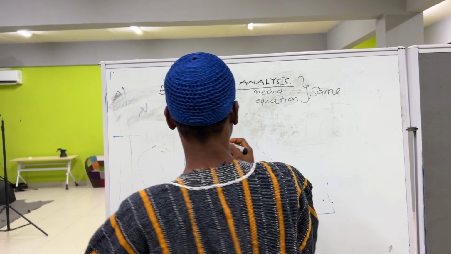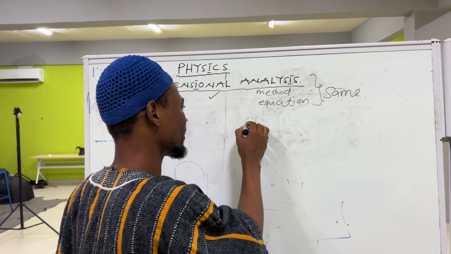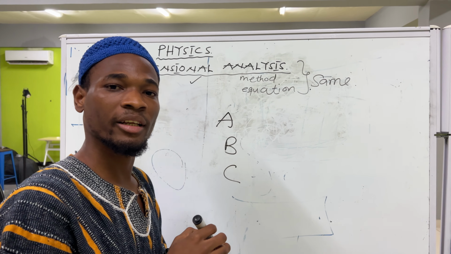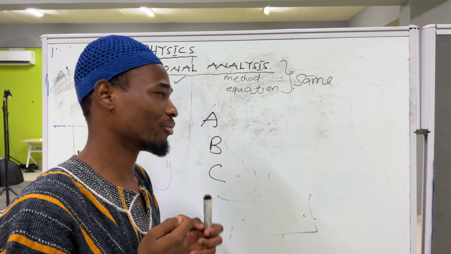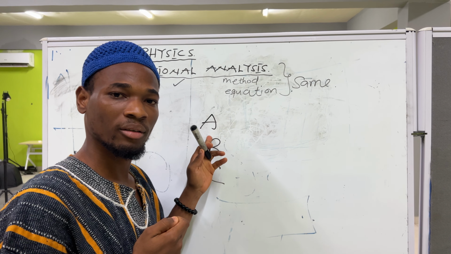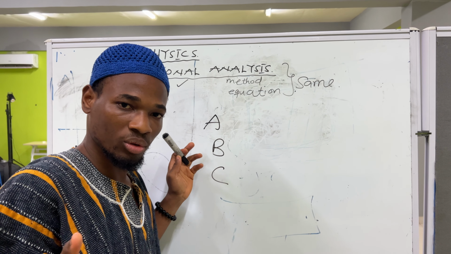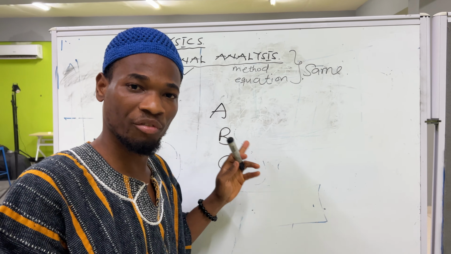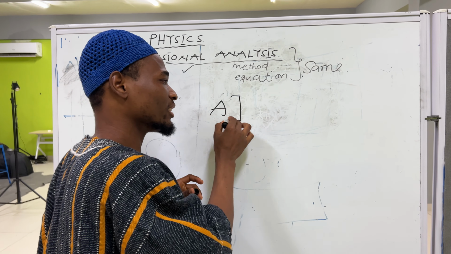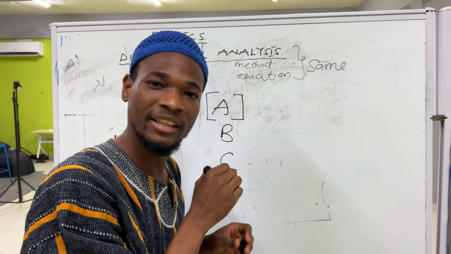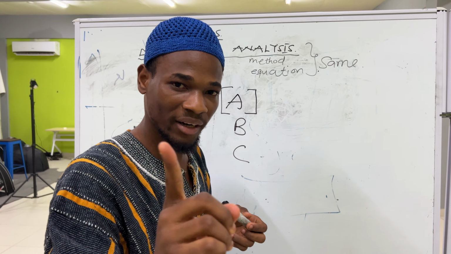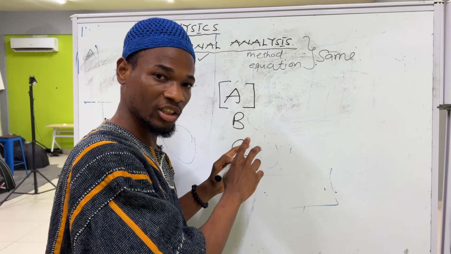When I have the letters A, B, and C and I want to take the dimension of A, I'll put the quantity in a square bracket. Please take note, not a curly bracket.